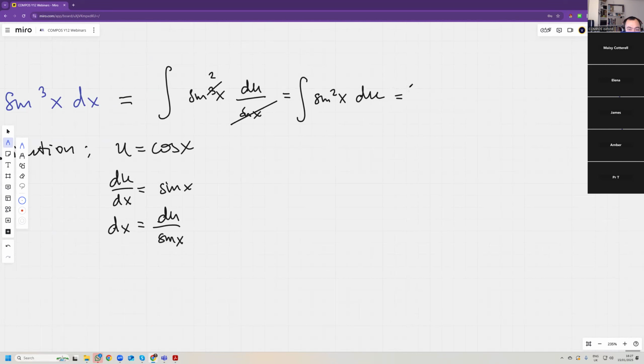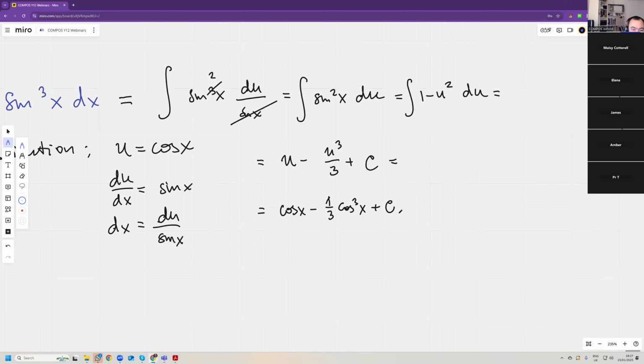So that is the integral of 1 minus u squared du, a perfectly reasonable integral which we know how to do. It's u minus u cubed over 3 plus c, which becomes cos x minus 1/3 cos cubed x plus c, and that is the answer.